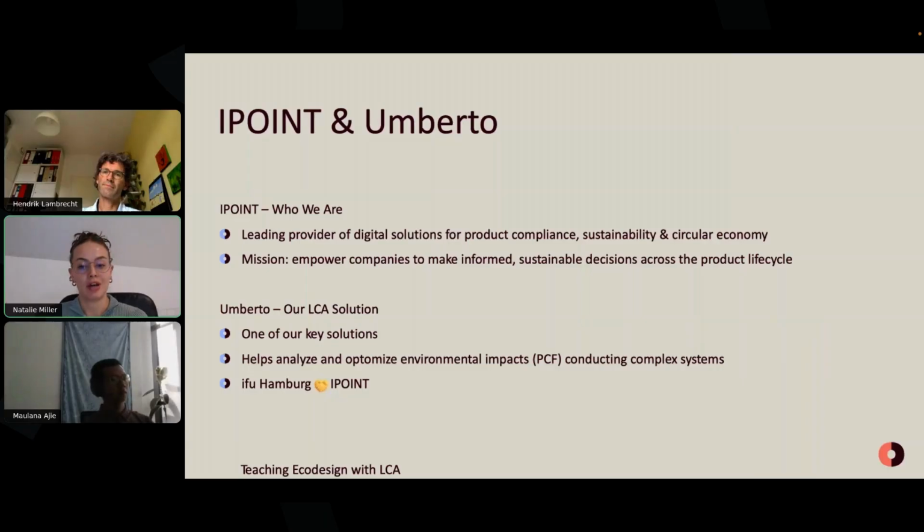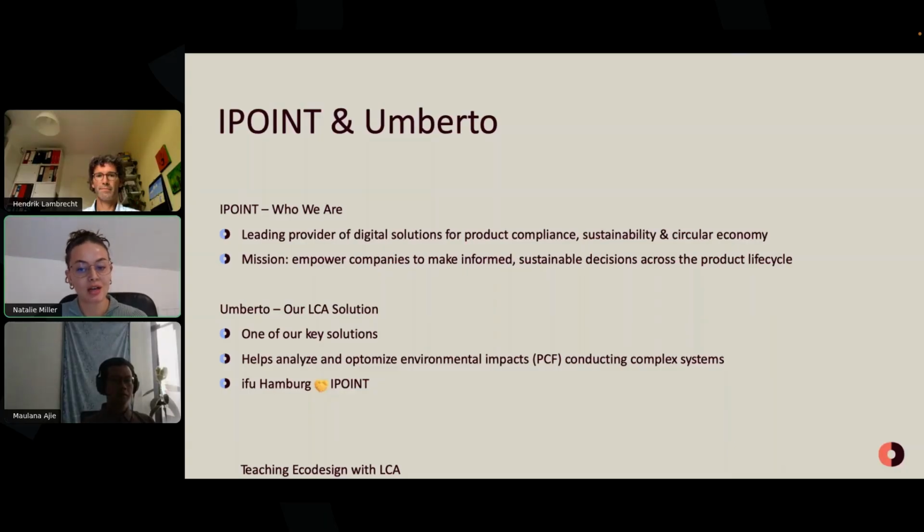IPOINT is a leading provider of digital solutions for product compliance, sustainability, and circular economy. Our mission is to empower companies to make informed, sustainable decisions across the entire product lifecycle, and that with data-driven, transparent, and efficient tools. One of the key solutions in our product portfolio is Umberto, our lifecycle assessment software.